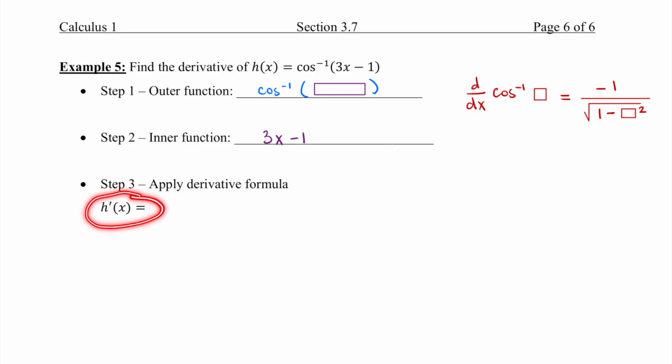H prime of x equals the derivative of the outer function times the derivative of the inner function. So the derivative of the outer function is -1 over square root of 1 minus something square.